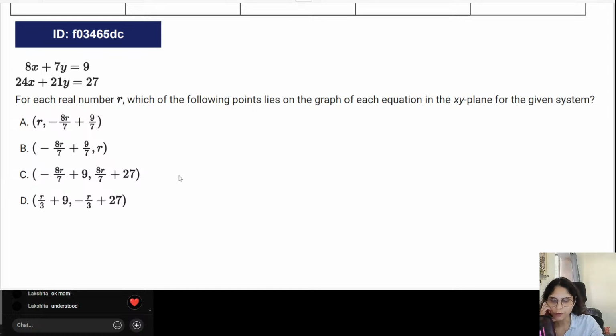So over here, you have to use the process of elimination. Take just one equation. Well, I'm going to take 8x plus 7y equals 9. Then what you do? Try all options.